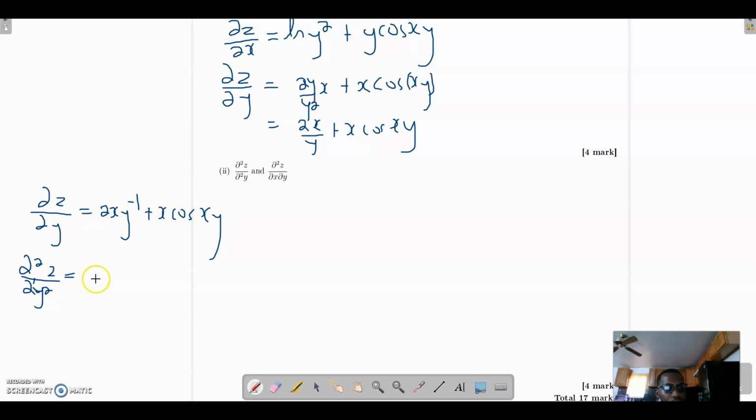Alright, so what I'm going to have here is that this minus 1 is going to come to the front because I'm focusing on the y variable. So I'm going to have minus 2xy, and you subtract 1 from the variable, so that's minus 2. Good. Now, we're not using a product rule here, of course, because the variable here is y. X is being treated like a constant, like 6, so you can ignore it.